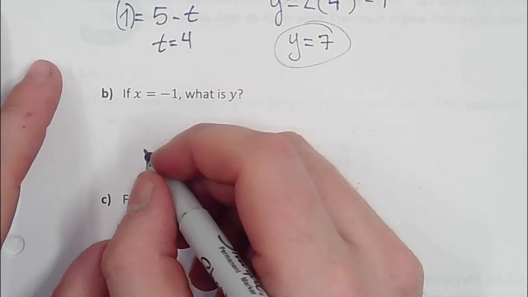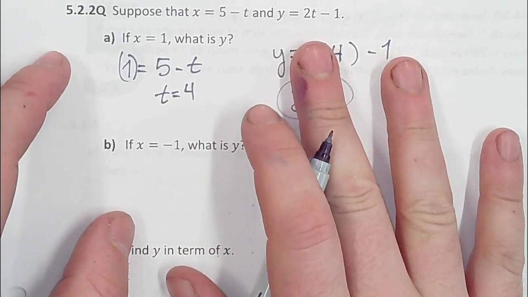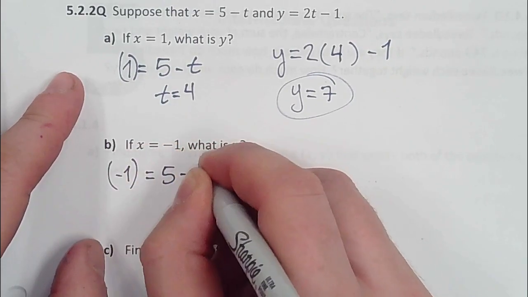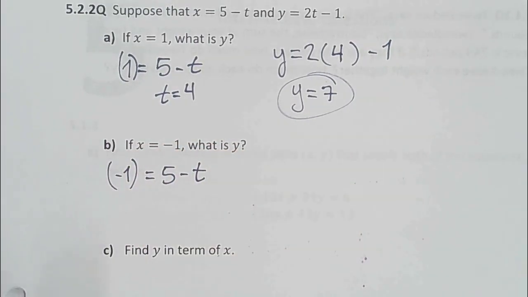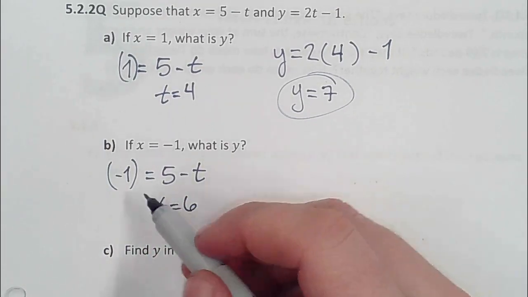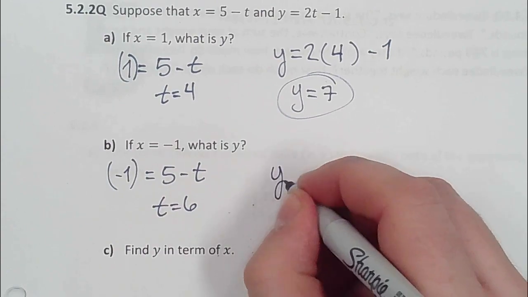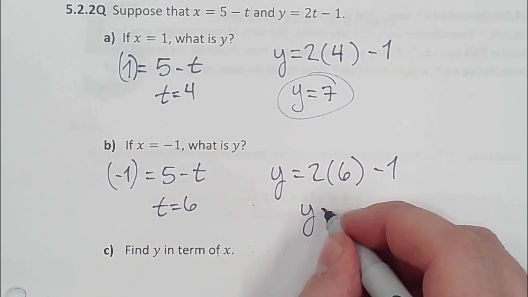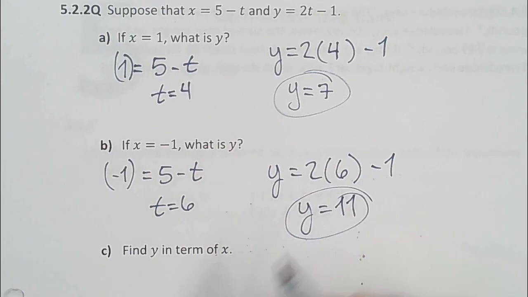If x is negative 1, pull this back down, then I know this is true. Well, 5 minus what gets me negative 1? Well, 6. So that means if x is negative 1, t is 6. And if t is 6, then y is going to be 11. Because 2 times 6 minus 1 is 11.